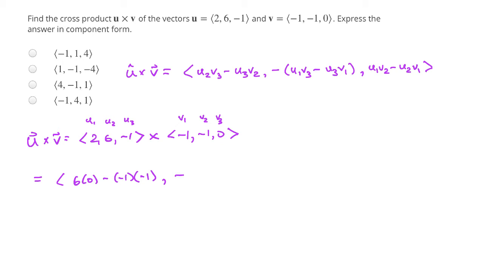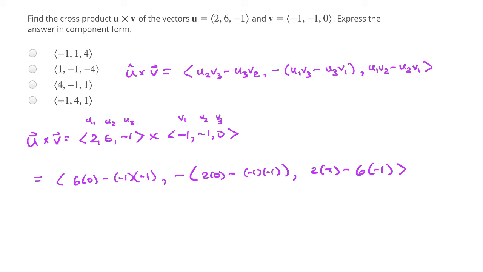Then we have a negative u1 v3, so 2 times 0 minus u3 v1, which gives us -1 times -1. And finally, we have u1 v2, which gives us 2 times -1, minus u2 v1, which gives us 6 times -1.